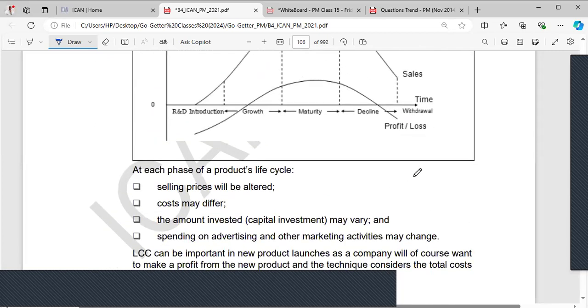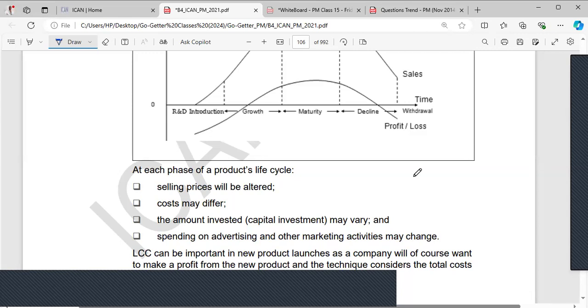Now, at each phase of a product life cycle, selling prices will be altered, costs will differ, the amount invested in capital will vary, and spending on advertisement and other marketing activities will change. So these are the things you should remember.